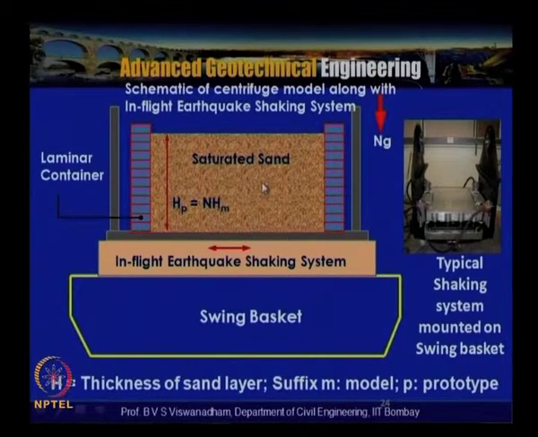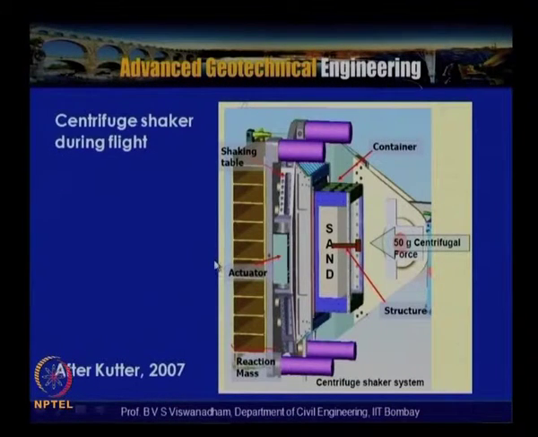Please note that this is a laminar container, which is required, and it is fixed here, depending upon the amplitude of the model we are going to test. These are the stoppers, which prevent any detachment of the components at the onset of shaking. This is the typical centrifuge shaker in flight.